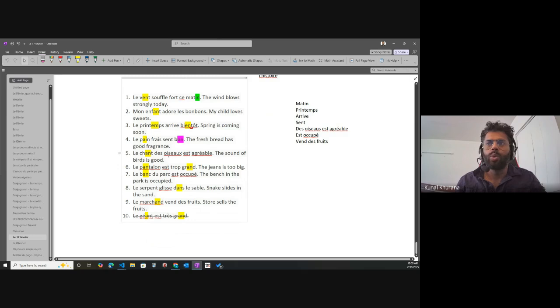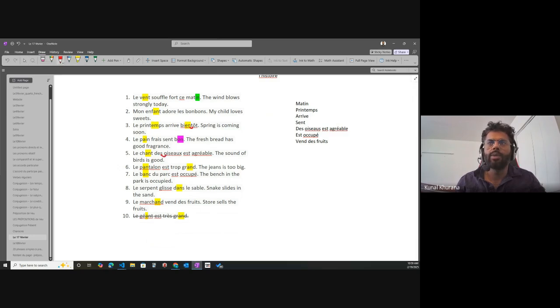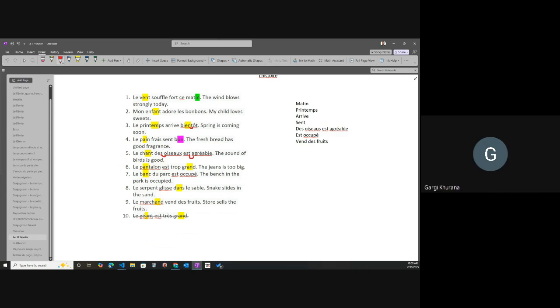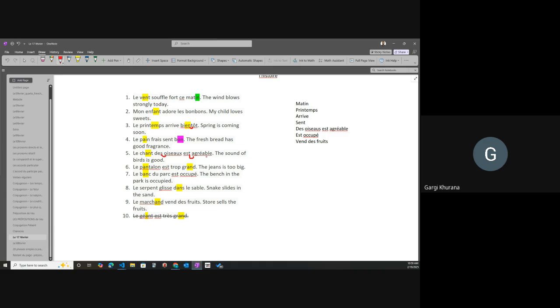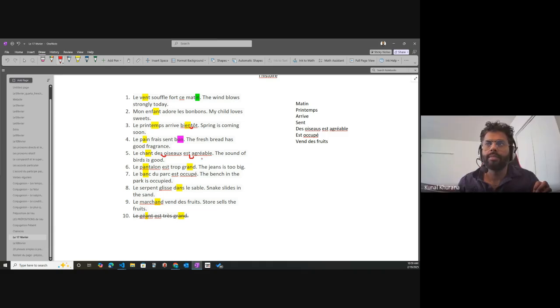Le chant des oiseaux. So here, please keep in mind that it's ending in S and starting with O. We have les oiseaux est agréable. So we have a liaison here also. Les chants des oiseaux est agréable. Est agréable, exact.